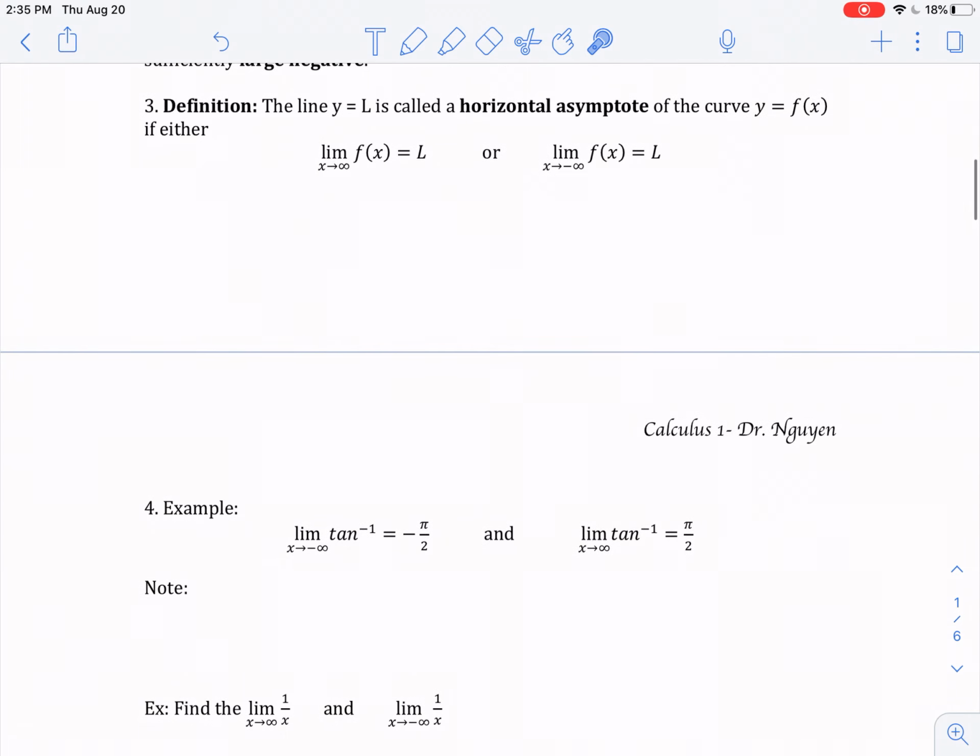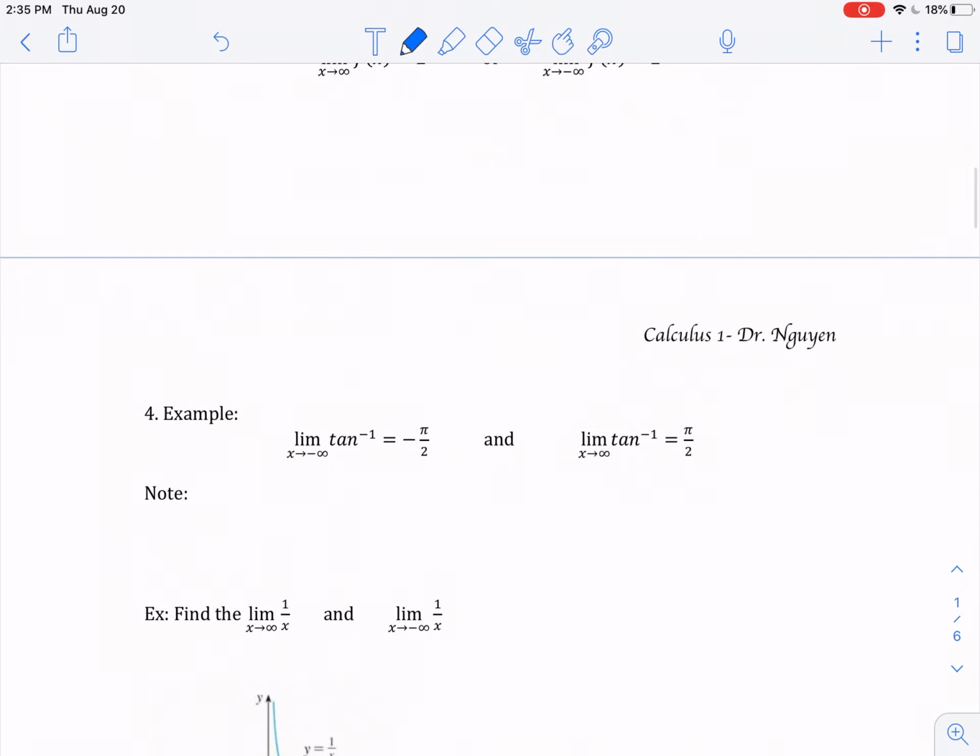All right, so for example, let's take a look at the arctangent. The limit as x approaches negative infinity is going to be negative pi over 2.